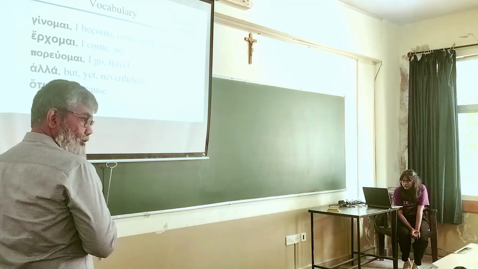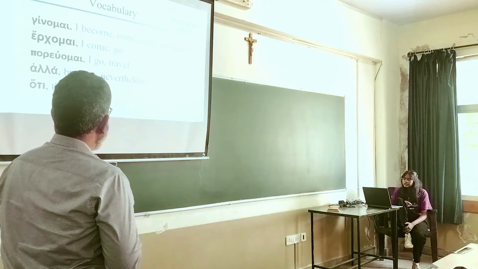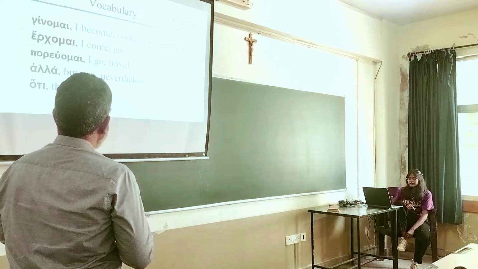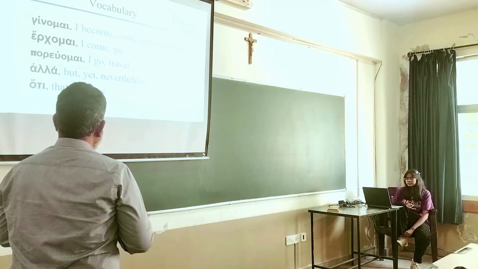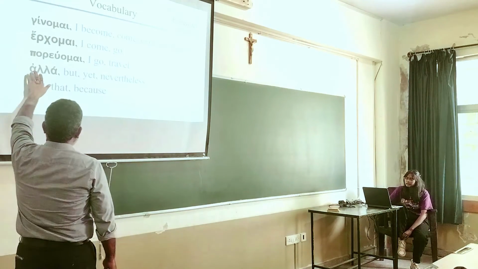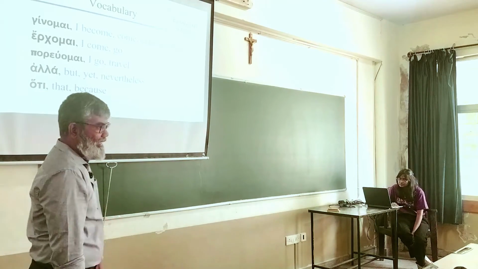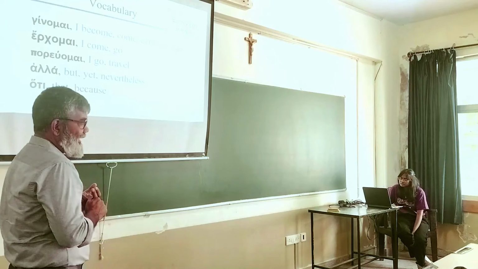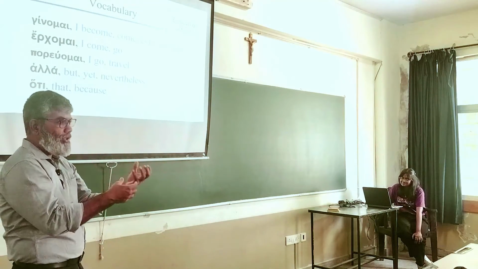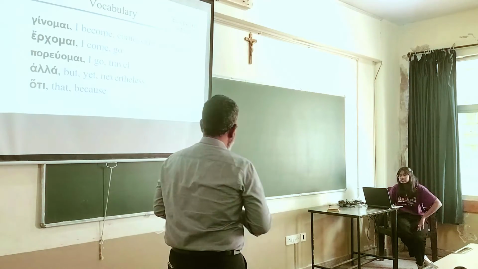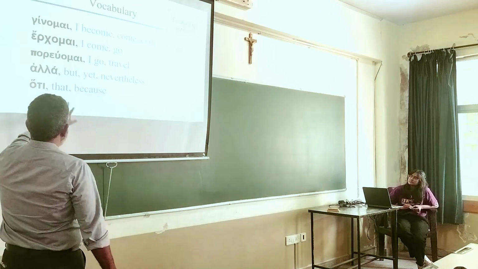What is the next one? Poreuomai. I go, I travel. Alla, a conjunction. Alla means but. Hoti is a conjunction. A conjunction is basically a word that connects two sentences or two statements. Alla, hoti. So we have to memorize all this.